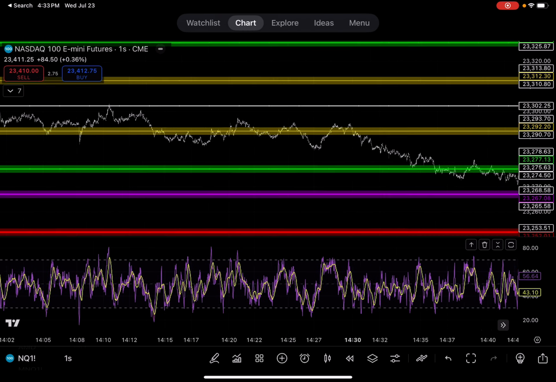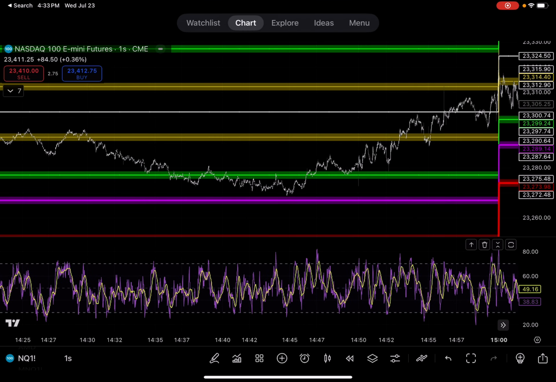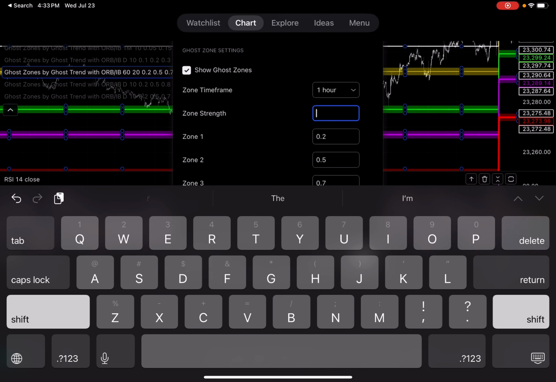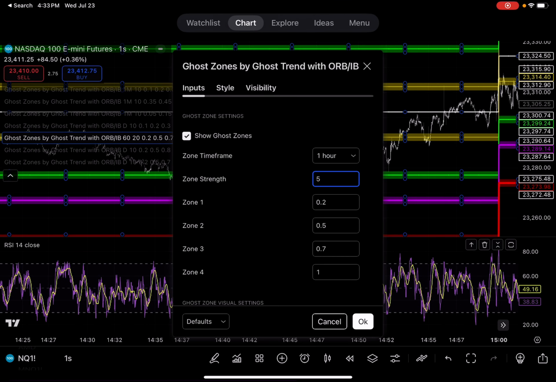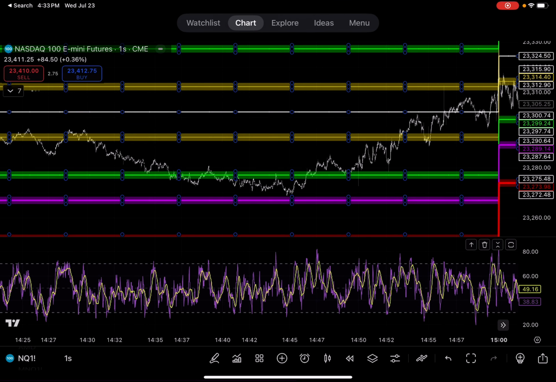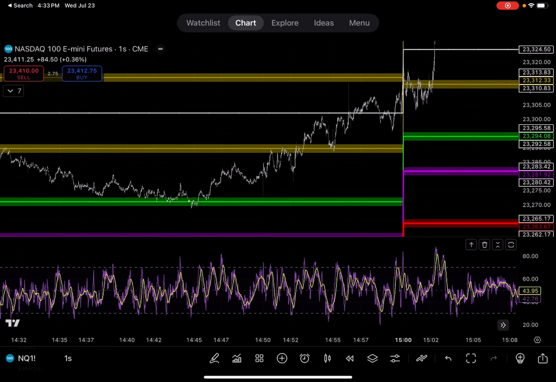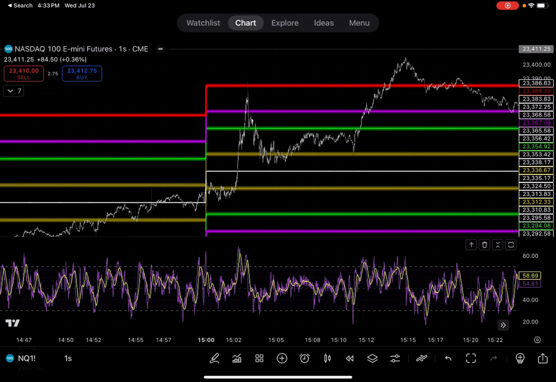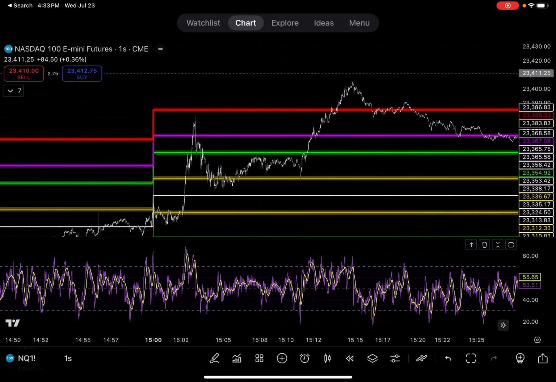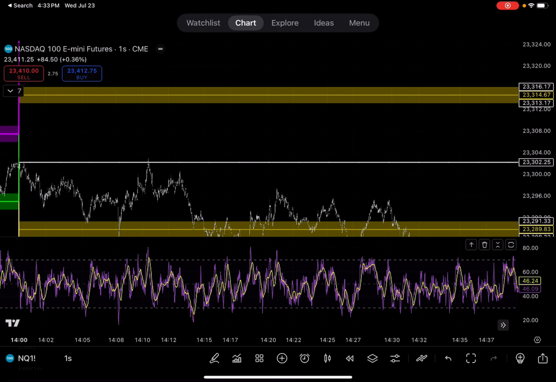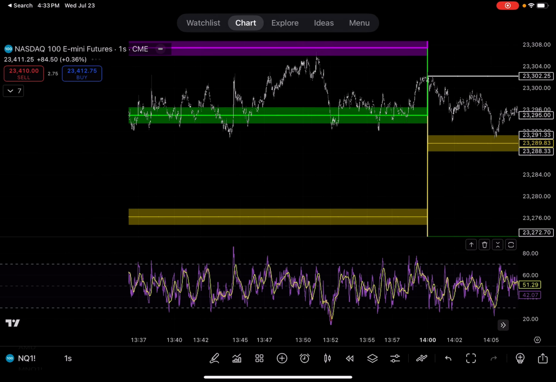I can't remember what strength I was using the other day for it. Maybe this was it, because I think it's for more volatile. So you could change the strength, and it seems to work pretty good.